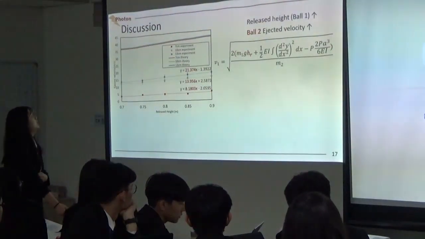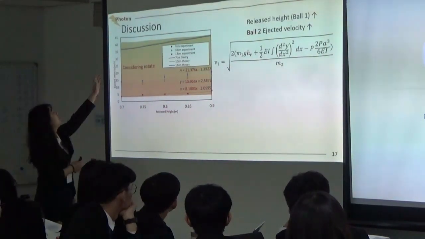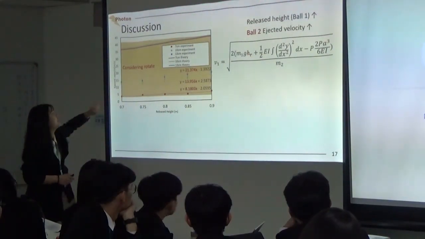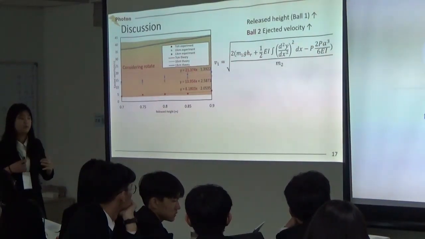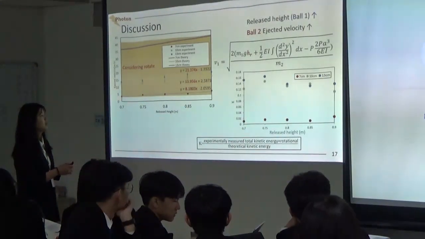And we also want to discuss why our theoretical curve is bigger than our real data. We consider the rotation, because there will be energy that transfers to it.